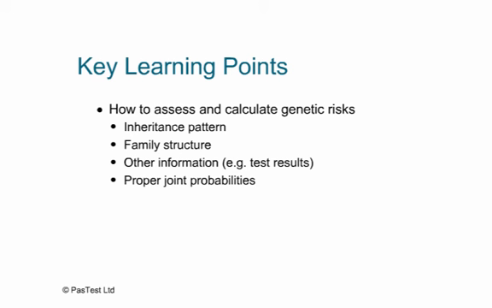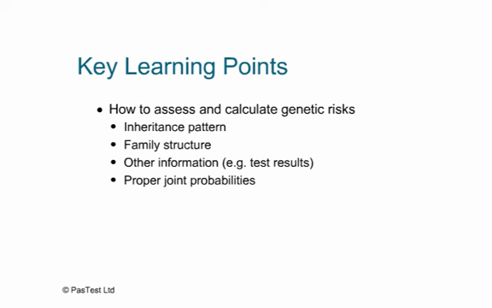In order to understand and calculate risk in a genetic context, you need to know what the inheritance pattern of the condition of interest is, whether it's dominant, recessive, X-linked recessive, or, in a few cases, rarer inheritance patterns. You need to know the family structure, and it's often helpful to write out the family tree just at the side of the paper, just to make sure that you've understood what the relationships are and how the individual of interest fits in to that situation.